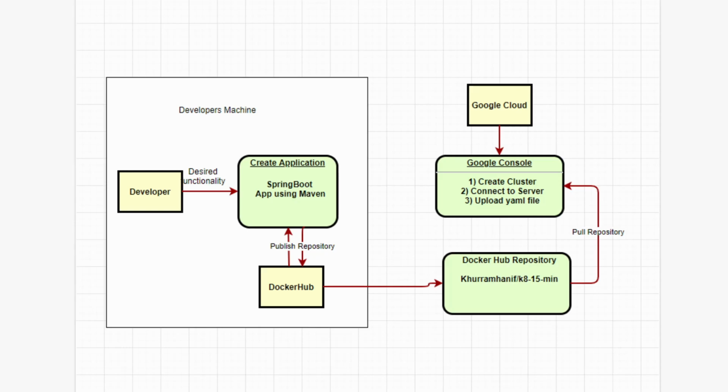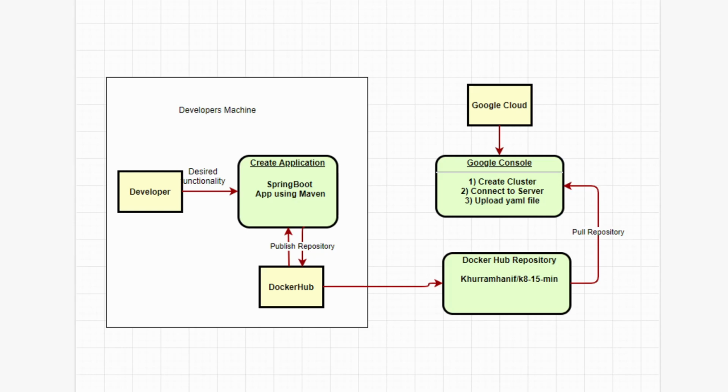On the local machine, the developer will create the application, a SpringBoot application, which will expose an endpoint for the REST API, which we will invoke from our test application. We already saw that part, and that will return us the hello world.